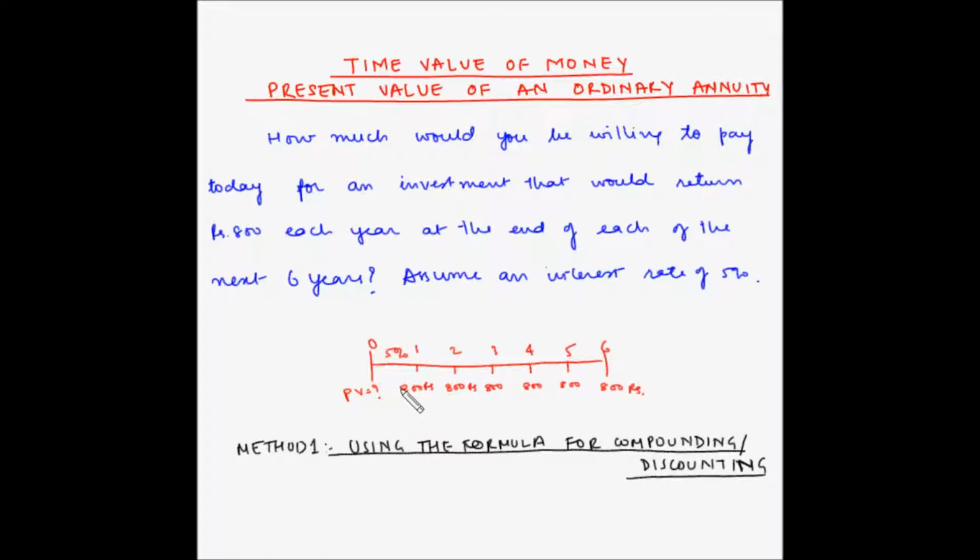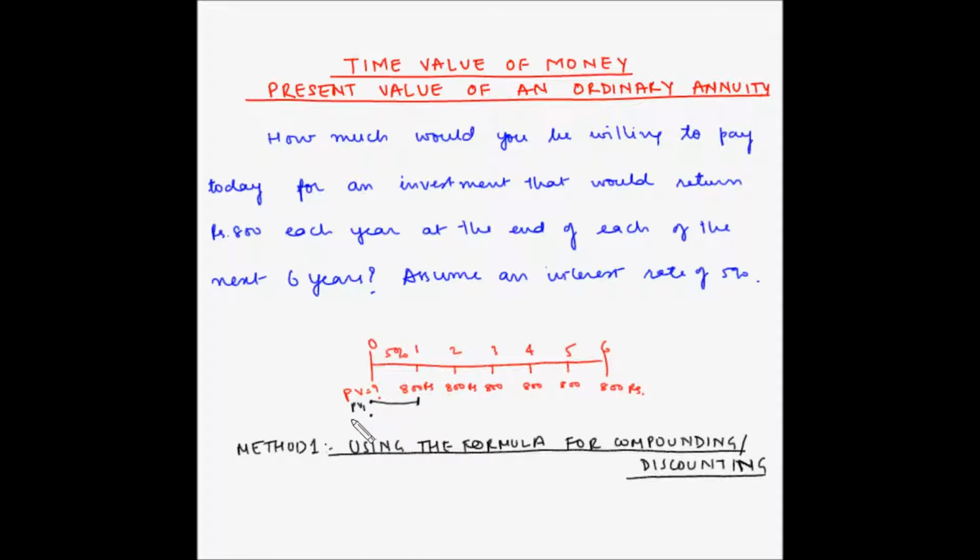So let us look at this time scale again. Now this present value, which is a lump sum amount, can be broken down into multiple present values such that this first amount, let's say this is PV1, gets converted to 800 rupees in 1 year at 5% interest.